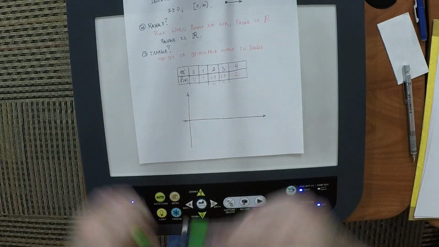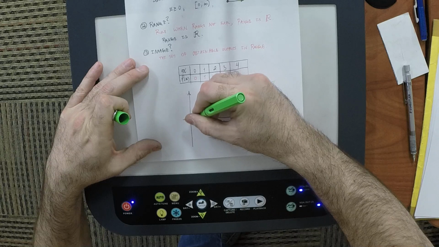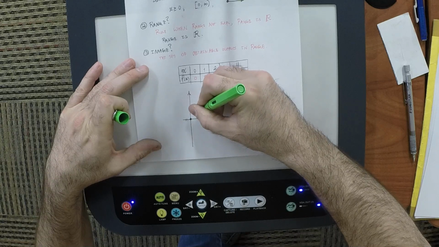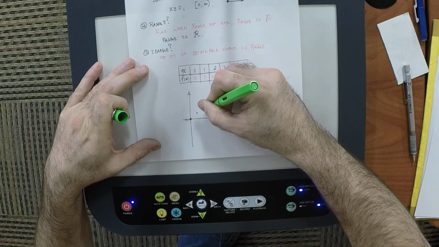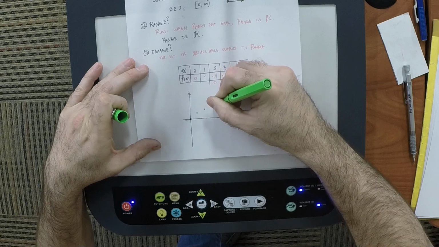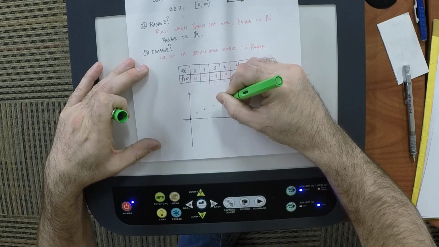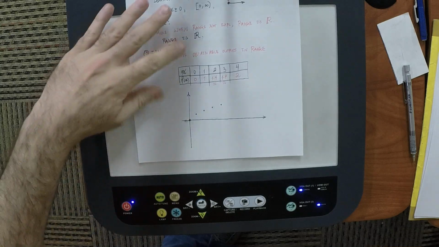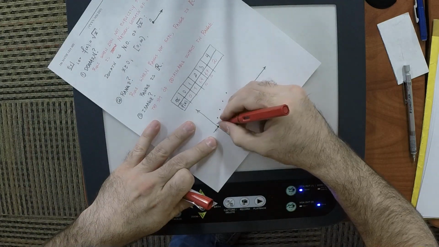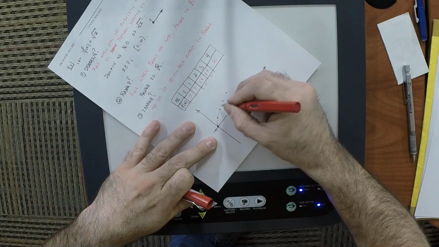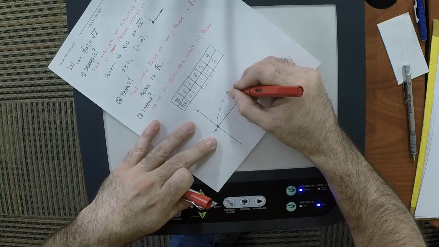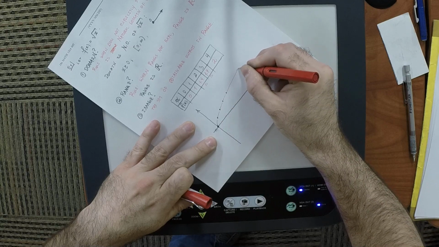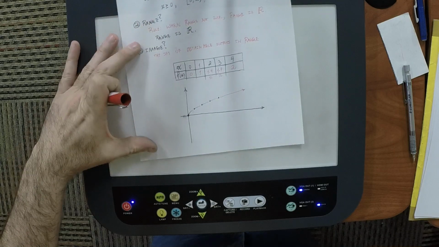When you plot these points, you will see the following. Something like that.